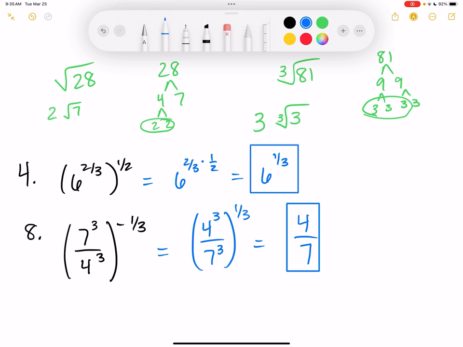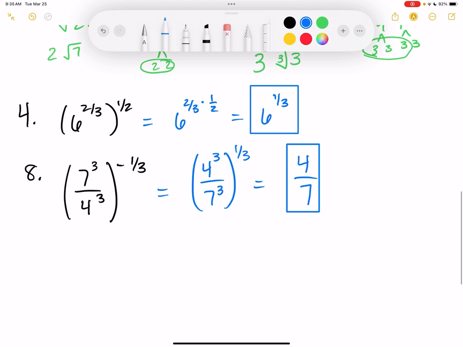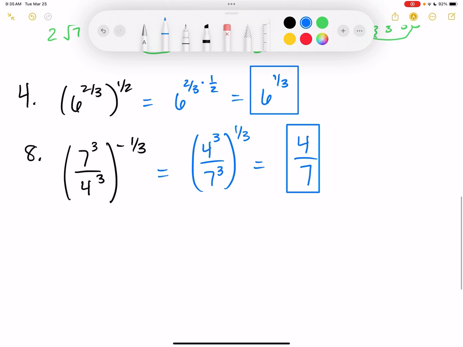We don't have to put it in the radical. Now, if it says it needs to be written in radical form, then we would need to rewrite it. But these ones just say simplify them. You multiply the exponents. Okay, yeah. Zach, what's 3 times 1/3? Look at that. Do I need to write out the middle step for you? Okay.